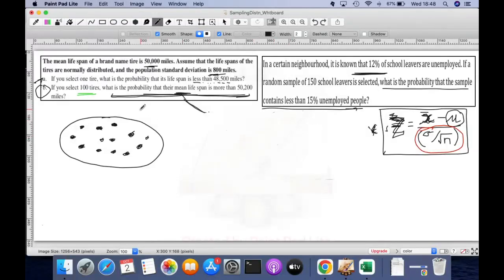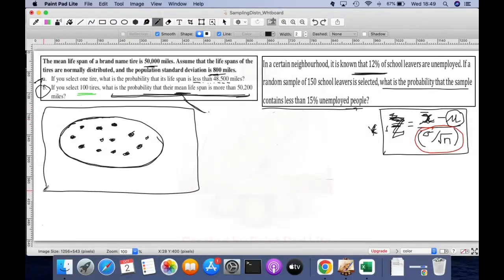Now remember, I think in your learning unit 1, you would have come across the symbols for statistics and for the population. Sorry, let me take it back. This is my sample, 150 people. But in the grand scheme of things, there's the whole neighborhood.